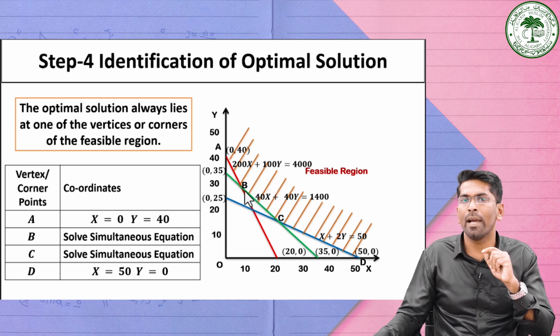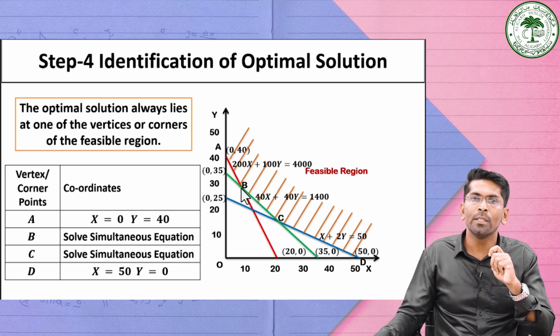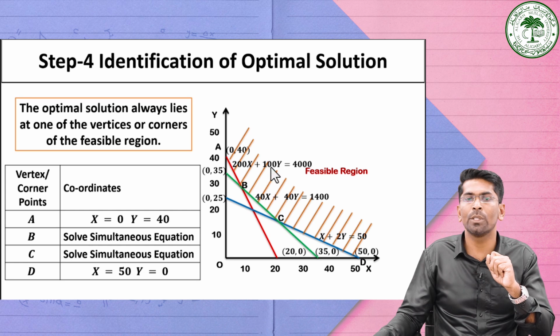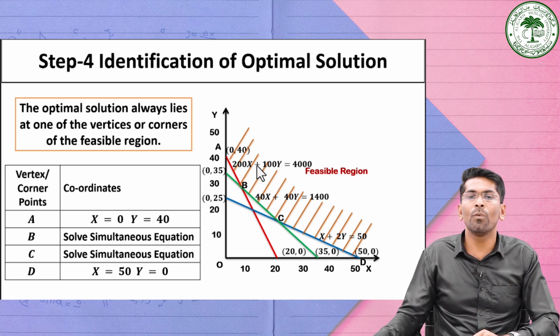So to find the x value and y value at point B, we have to solve these two simultaneous equations: 200x plus 100y equal to 4000, and 40x plus 40y equal to 1400.